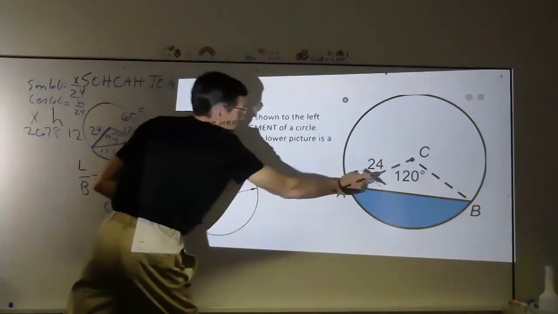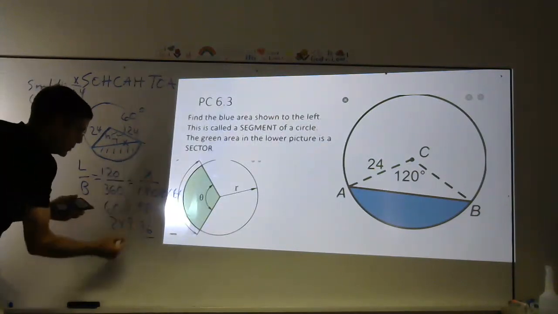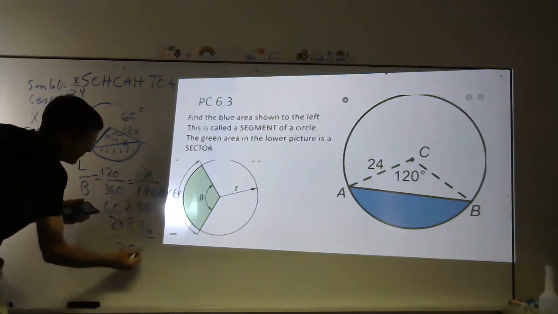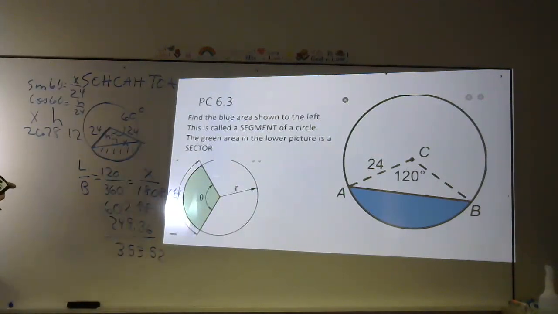There is the white area for that triangle. I'll subtract, and I get the area of just the blue is 353.52 square units, whatever they are.